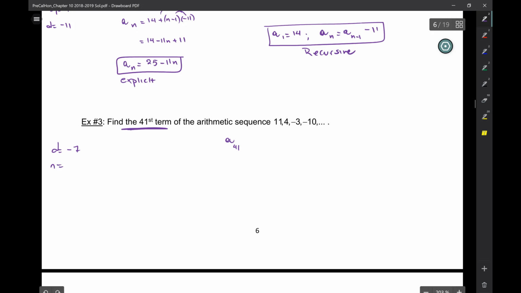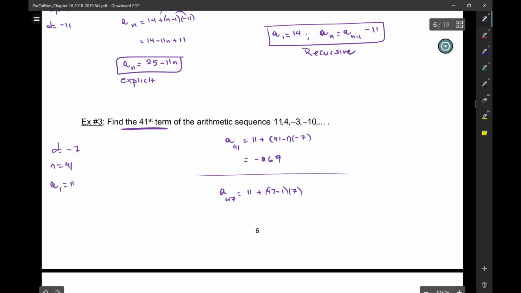-7. And N is 41, because there are 41 terms. And A1 is 11. So A41 is 11 plus 41 minus 1 times -7. And that's -269. But okay, so A sub 47 is 11 plus 47 minus 1 times -7.